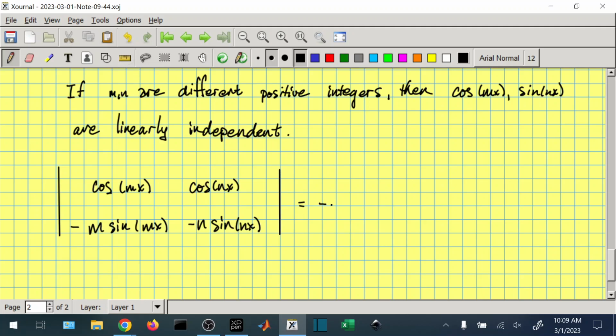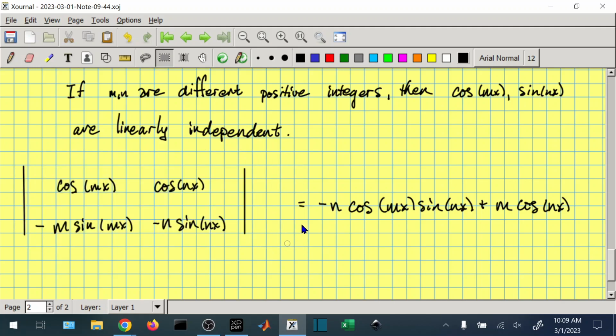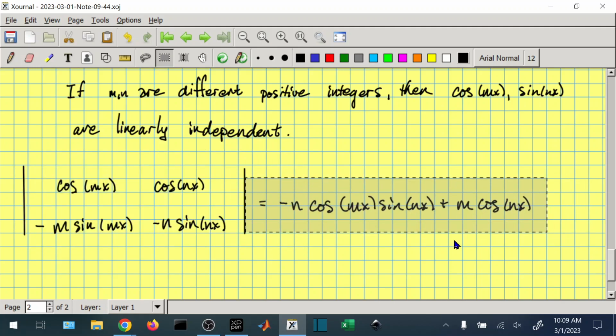We're going to get minus n times cosine of mx and sine of nx plus m times cosine of nx times sine of m times x. Drat. What are we going to do?